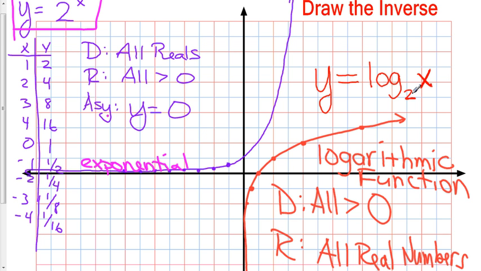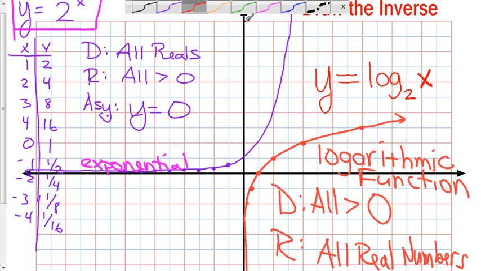We read this as log base 2 of x. And a logarithm of base 2 of x looks like this. It has coordinates (1, 0), (2, 1), (4, 2), (8, 3), and so on and so forth.